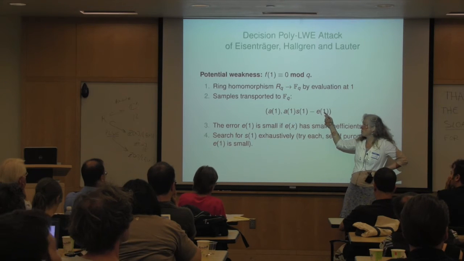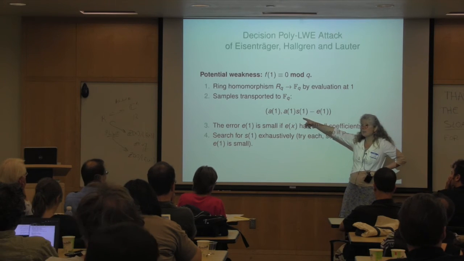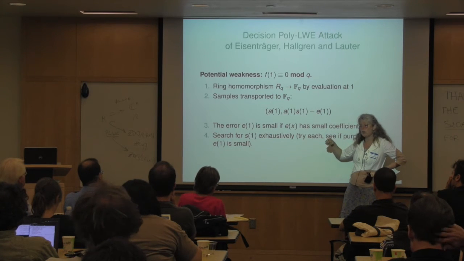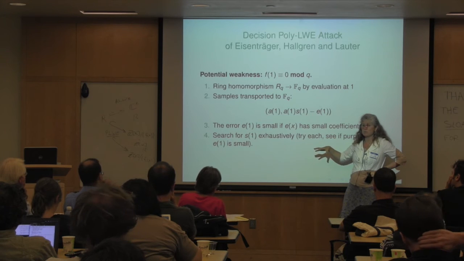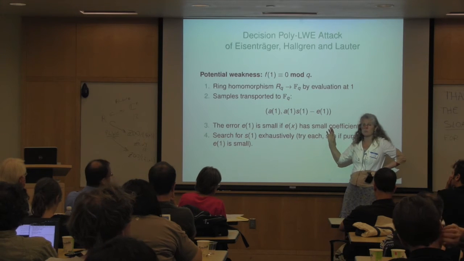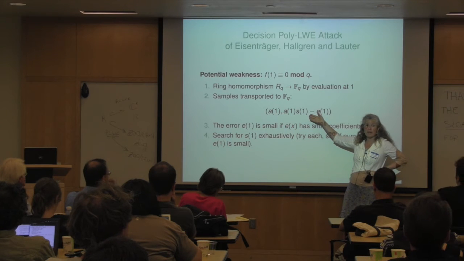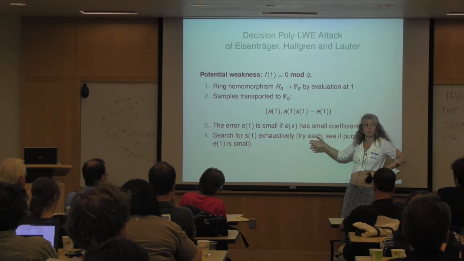Then you go to your next sample, keep only the guesses that already passed the first test, and proceed until you've either kicked out all of your guesses, in which case you say, I don't think these were LWE samples, or you're left with only one guess. If you're still left with more than one guess, you should keep going and get more samples.